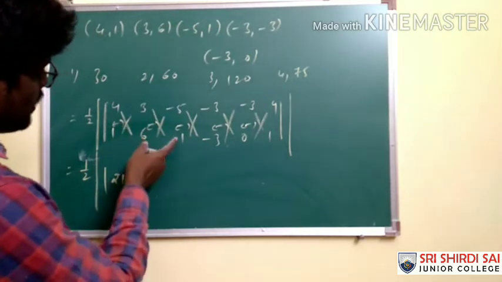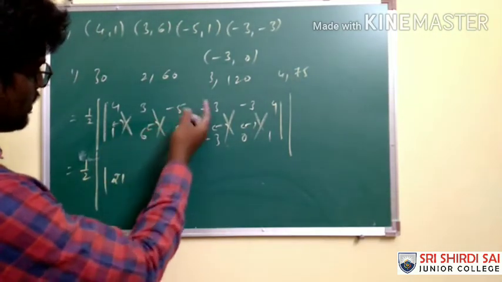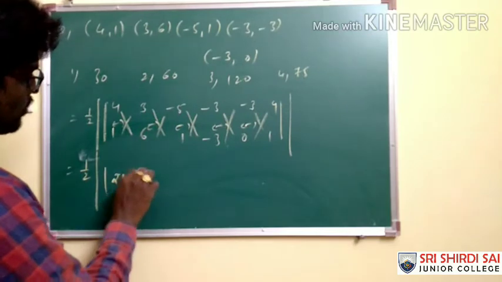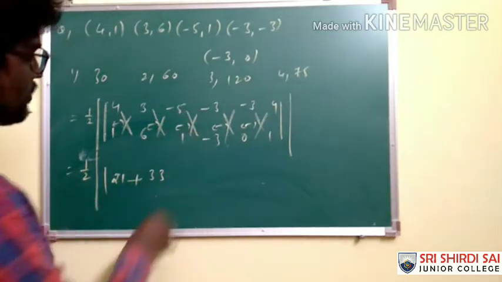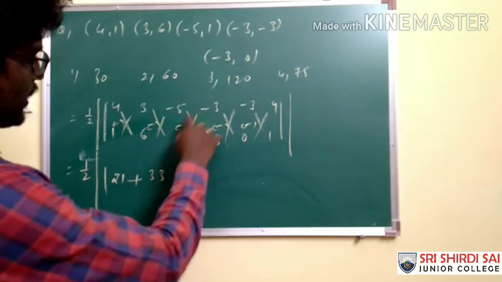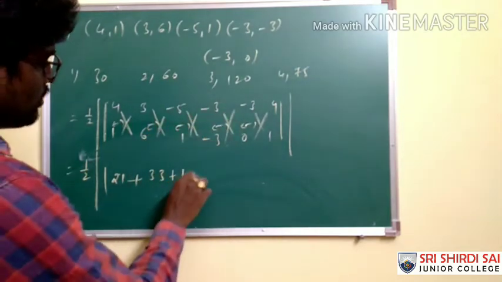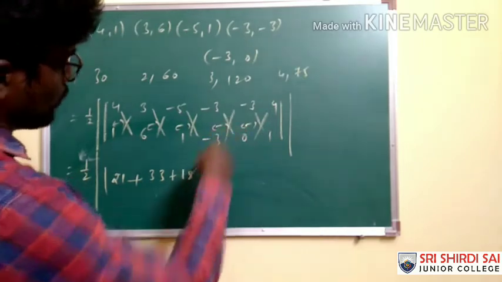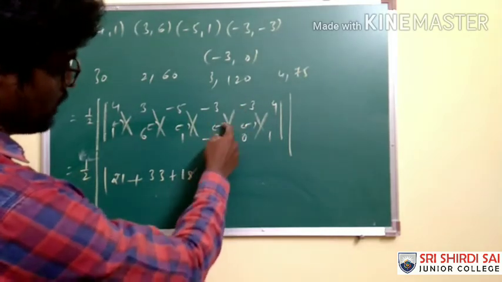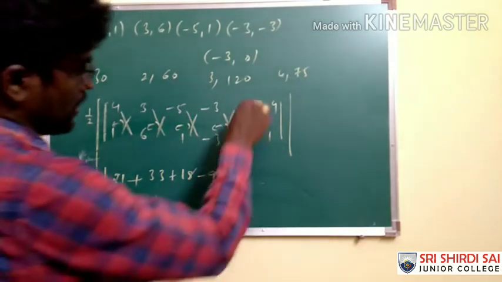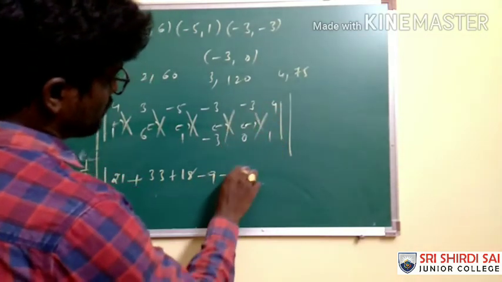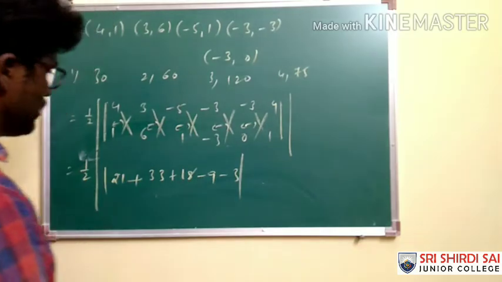And coming to this, 3 minus 2 minus 15, 6 fives are 30, plus 3, 33. And coming to this case, plus 15 minus 2 minus plus 3 means plus 18. And coming to this case, 0 minus into minus plus, plus into minus minus, so minus 9. And coming to this case, minus 3 and this is 0.